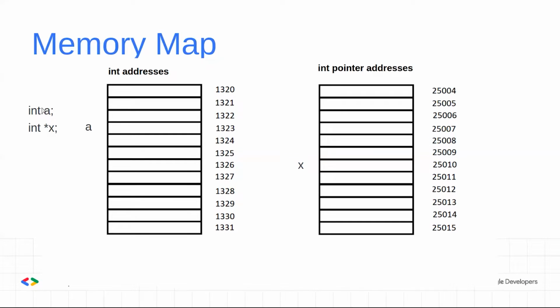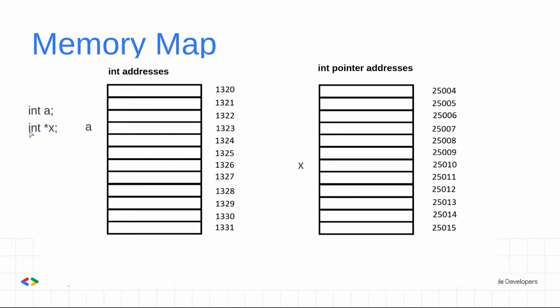Now, what happens when I say int a? When I say int a, variable a is created and it is assigned a location in the memory. I explained this yesterday. One of the addresses, a random block, is assigned to the variable a, and now whatever operations we do on this a will reflect in this area.